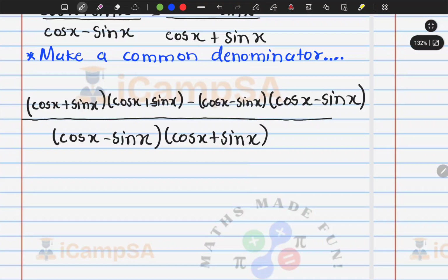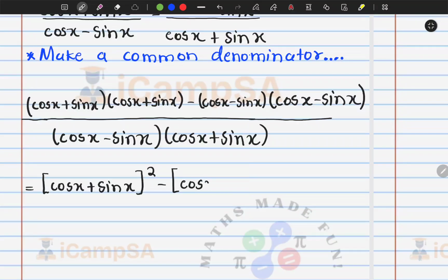Okay. So what we should be able to see is that on the numerator, we will end up having cos of x plus sine of x all squared, if you observe carefully, minus cos of x minus sine of x.